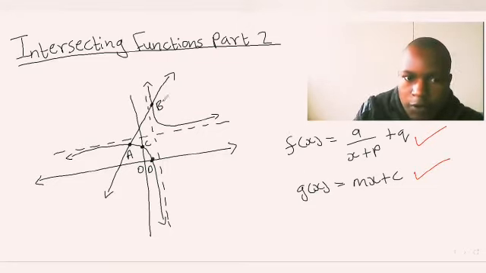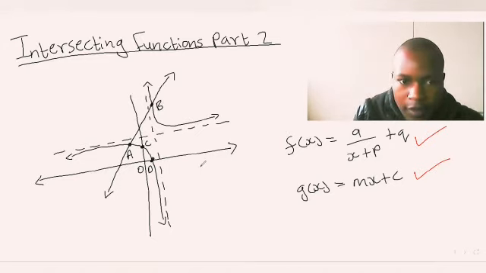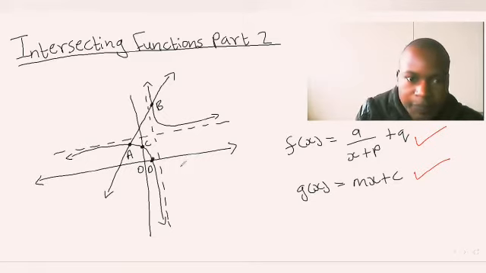Both these two sketches, or rather functions, would intersect at point A and point B. I would like to just highlight how to go about finding or determining points A and B. That would be the gist of this very lesson.